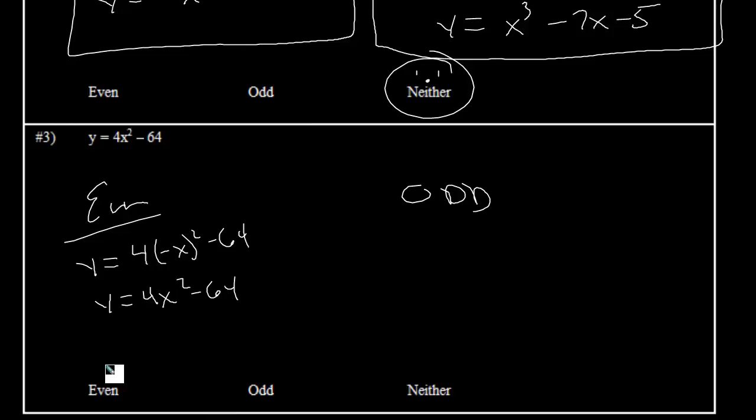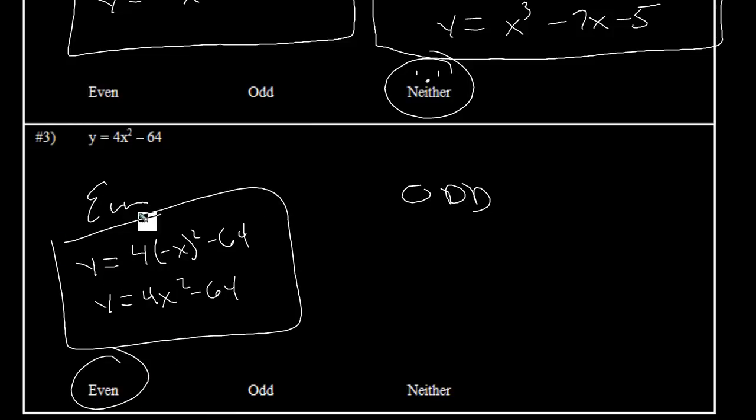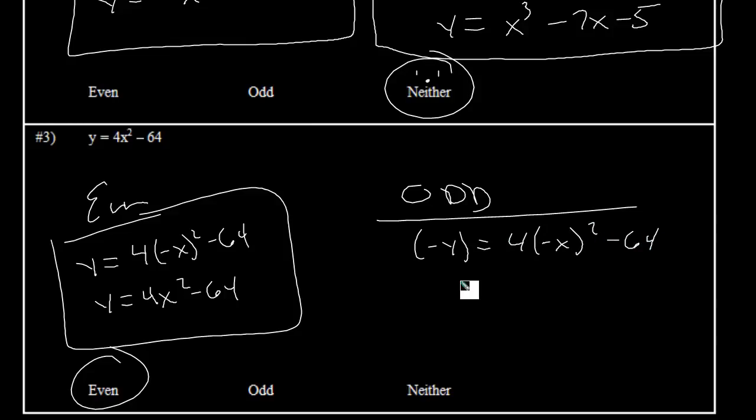Same as the original. Therefore it's even. Is it odd? It's not. To be odd, you switch the y and the x signs. You switch the signs of x and y. And if it comes out to be the same as the original, then it's odd, but it's not.